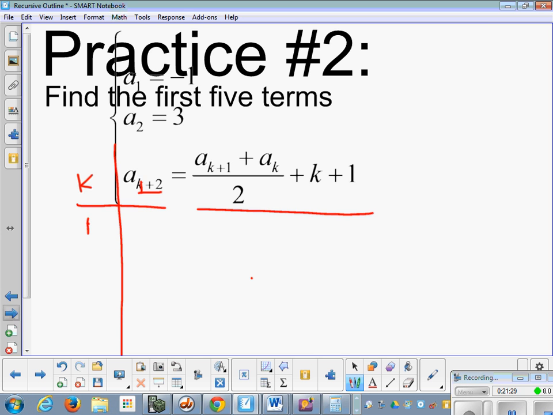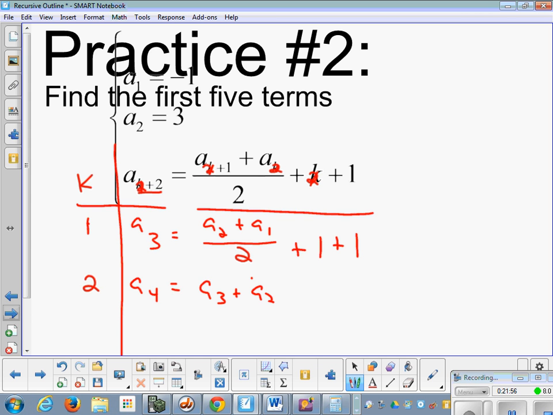So I'll put a 1 in all these spots. A sub 3 equals A sub 2 plus A sub 1 over 2 plus 1 plus 1. Okay, now I'm going to have K equals 2 and put a 2 in all these spots. A sub 4 equals A sub 3 plus A sub 2 all over 2 plus 2 plus 1.